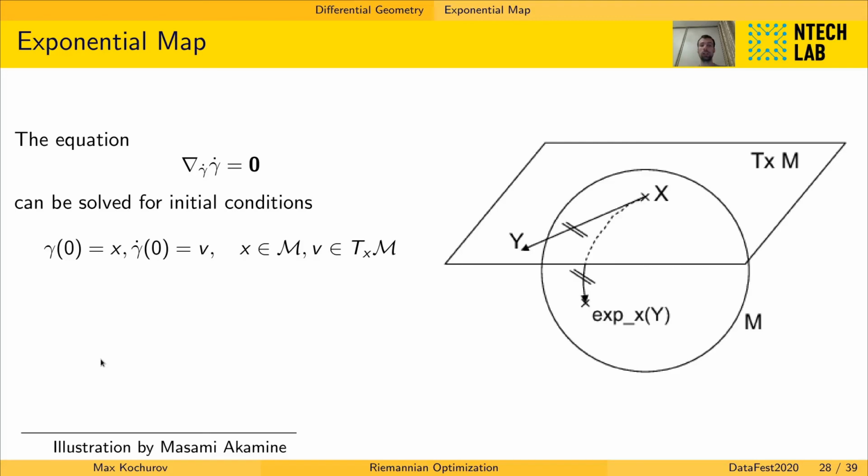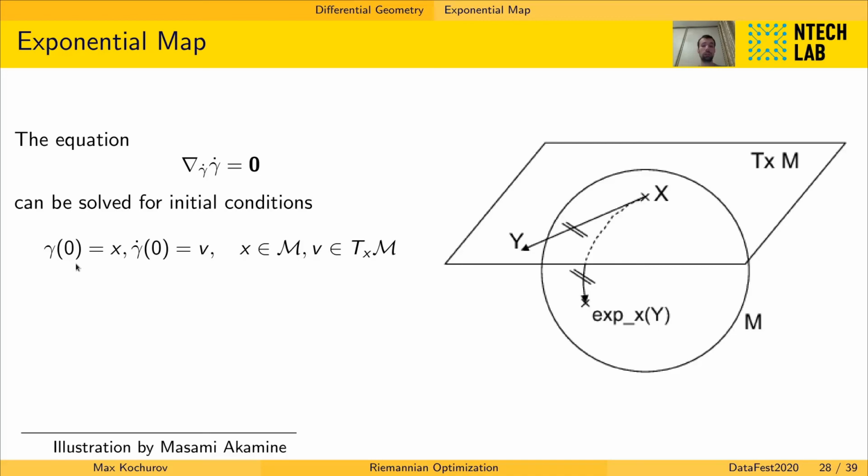Now we are ready to understand what is exponential map. Given geodesic equation, we get special class curves called geodesic curves. And this differential equation can be solved for some initial conditions.